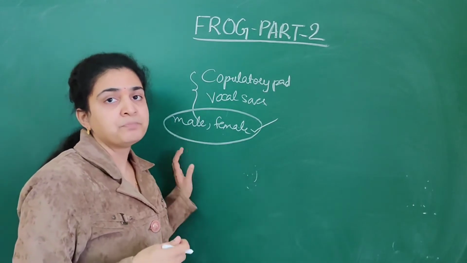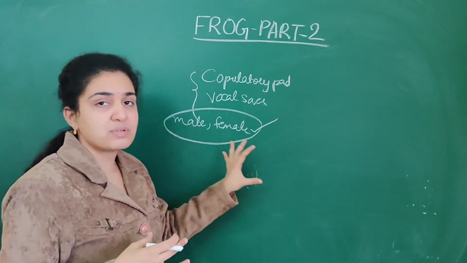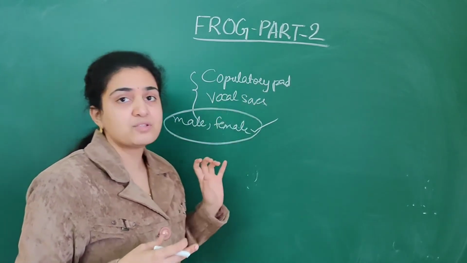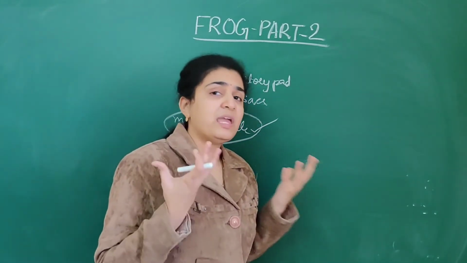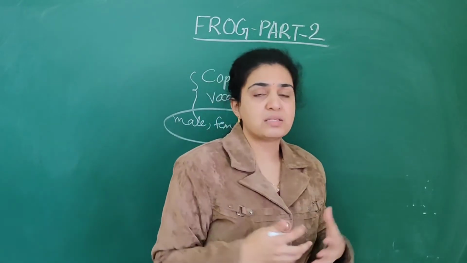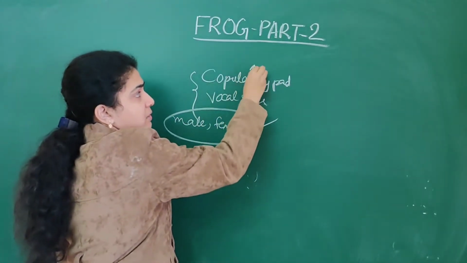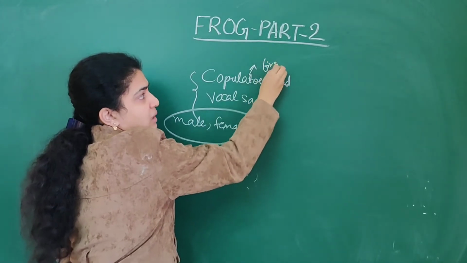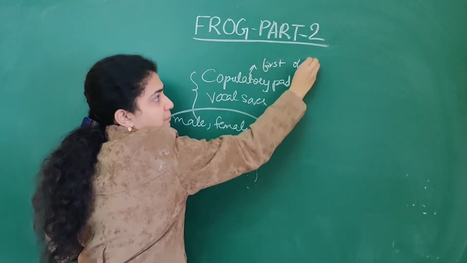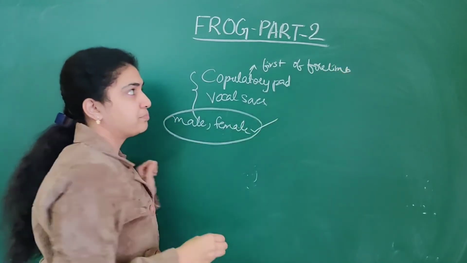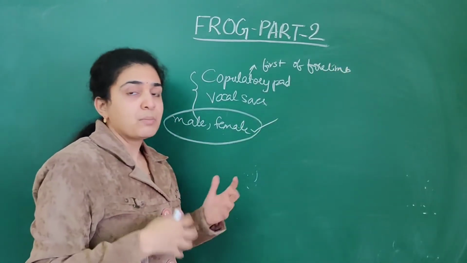These help in differentiating between the male frog and the female frog. Only in the male frog are the copulatory pad and vocal sacs present. Where is this copulatory pad present? It is present on the first finger of the forelimb.